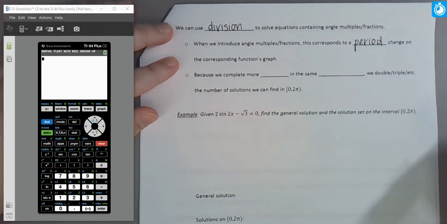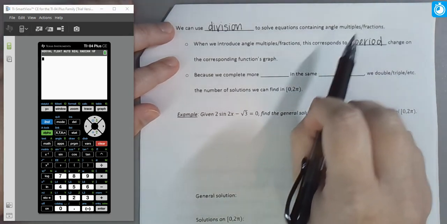Changing the period changes how quickly our values for our trig function repeat. So if the period becomes smaller, that means all of our values for the trig function are going to repeat faster. If our period becomes larger, that means they're going to repeat more slowly. It's going to take more distance along the x-axis to end up with repeating values for your trig functions. So this is also going to change how we find solutions, or more specifically, the number of solutions we find. So in general, think of the period shrinking.